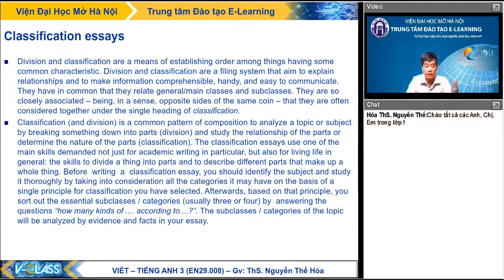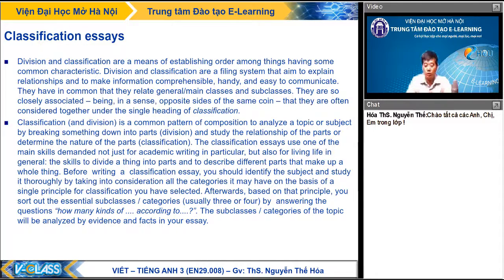Classification and division is a common pattern of composition to analyze the topic or subject by breaking something down into the parts. Yeah, so it is called division. And also you have to study the relationship of the parts to determine the nature of the parts.